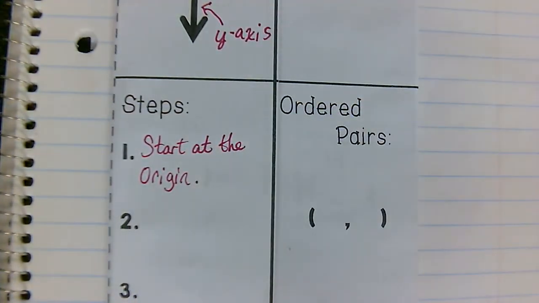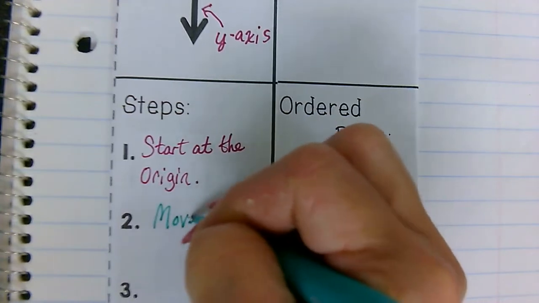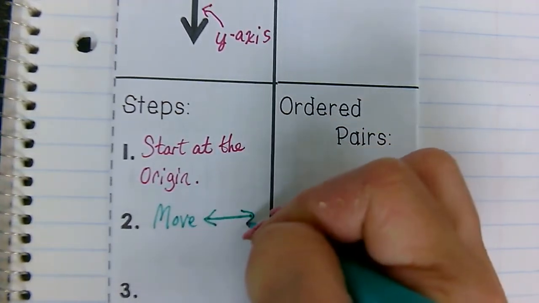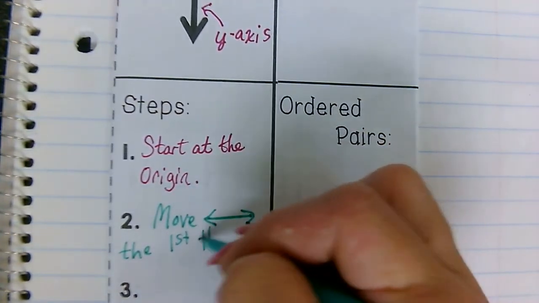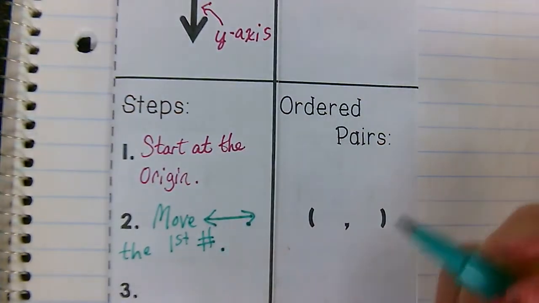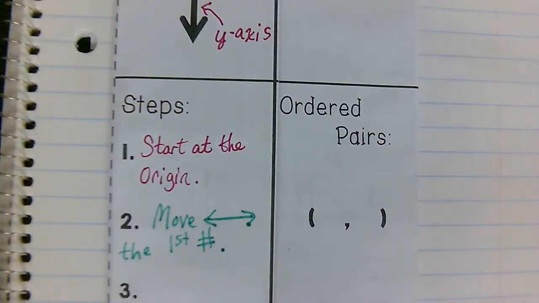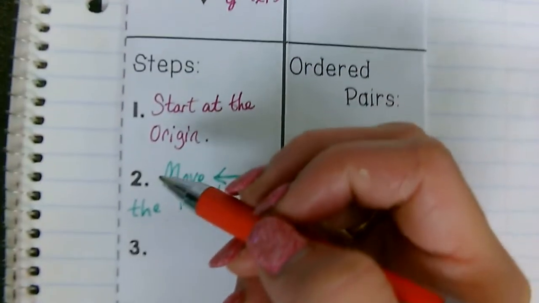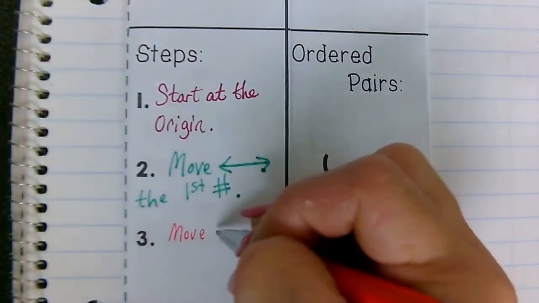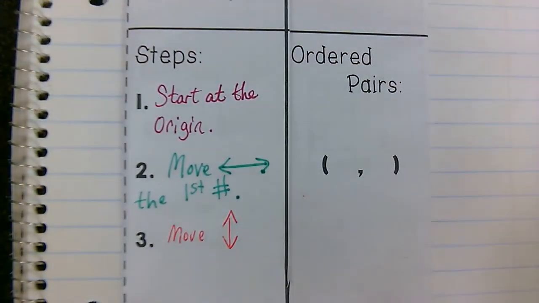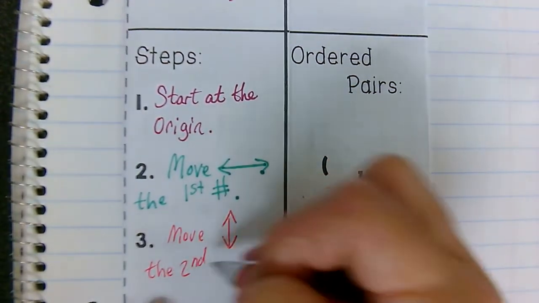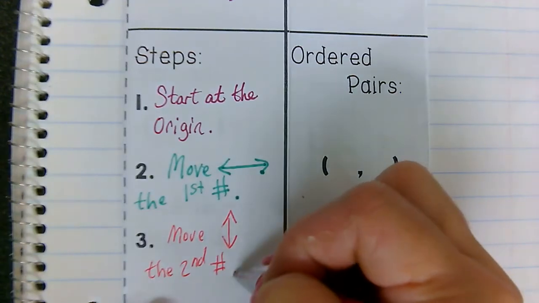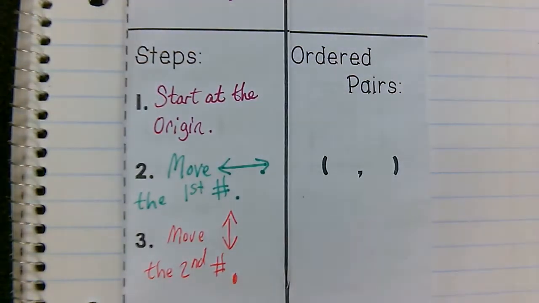Step 2, you're going to move horizontally, and I'll use this to show horizontally, the first number, that many spaces, and then you will move vertically, and I'll show the arrow going up and down to show vertically, the second number, that many spaces. And that's actually where you will graph your point when you finish.